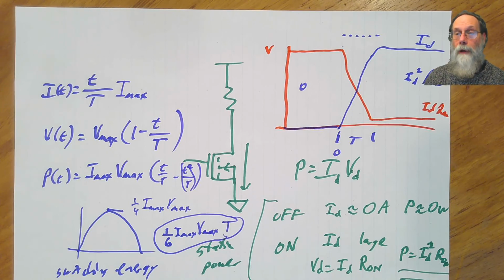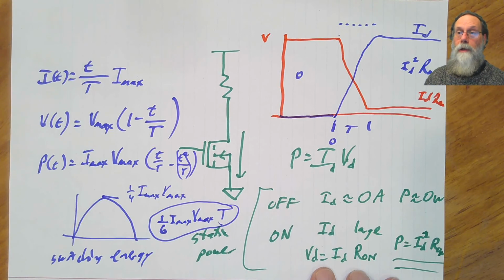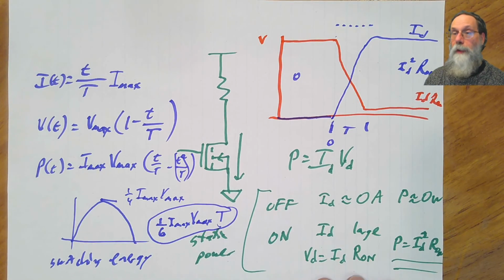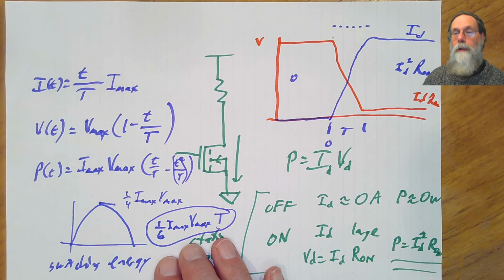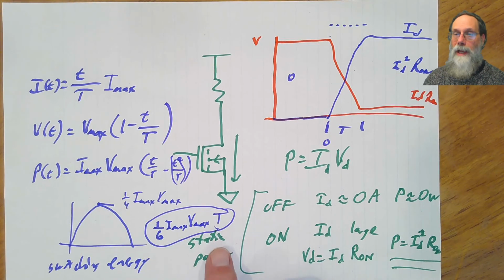Okay, so if you have to do a calculation for how hot a transistor is going to get, you need to look at two things. How much static power is there from the thing being on, and then you have to look at the duty cycle, what fraction of the time the transistor is on, how frequently you switch it, and how fast you can get that switching to go.